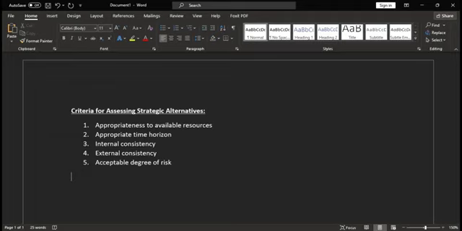The acceptable degree of risk. The firm knows the degree of risk it can assume. Degree of risk assumable depends on the amount of resources whose continued existence or value is not assured.